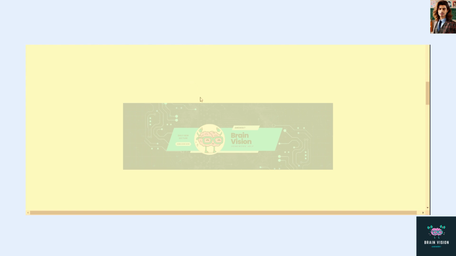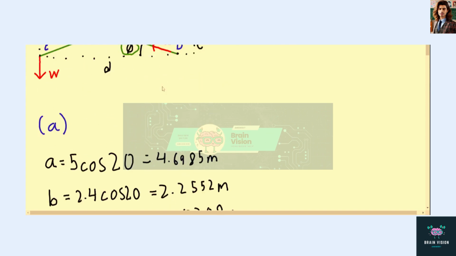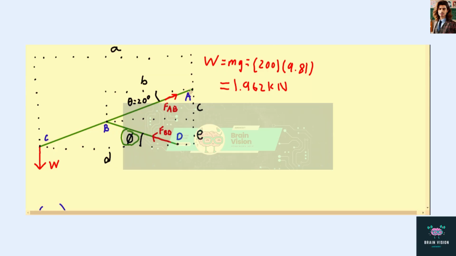From the free body diagram, we're going to take the sum of moments at the point A using the information that we've calculated.